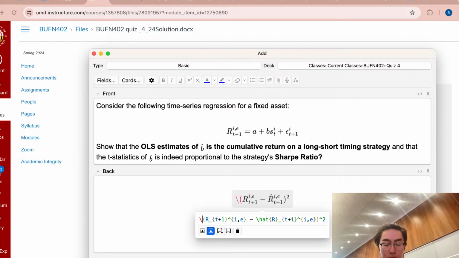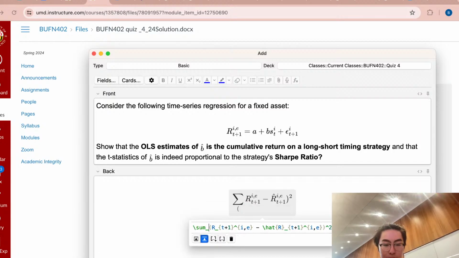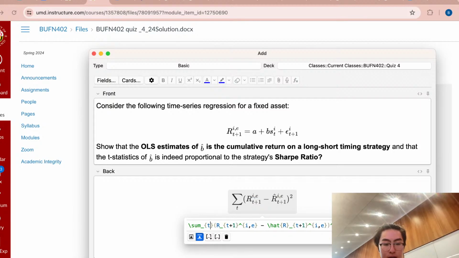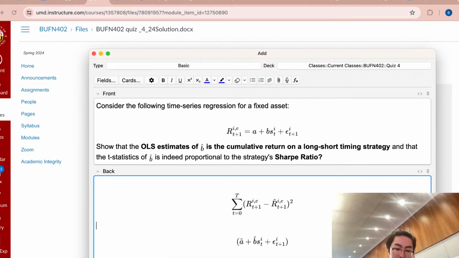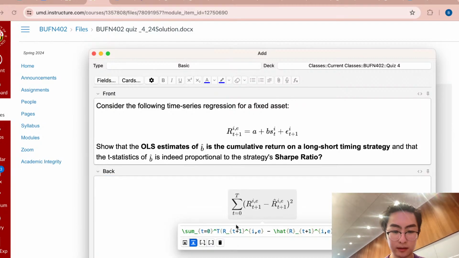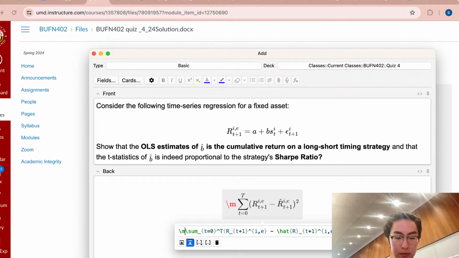And then what we really want to do also is the sum from t equals 1 to T. And we want to minimize this.